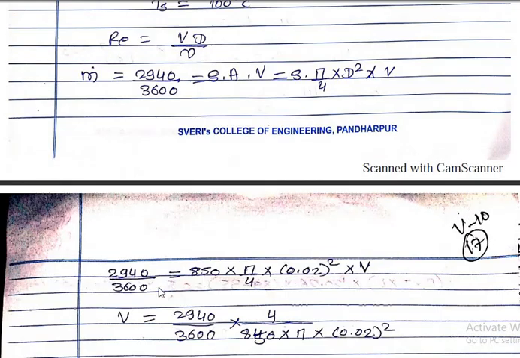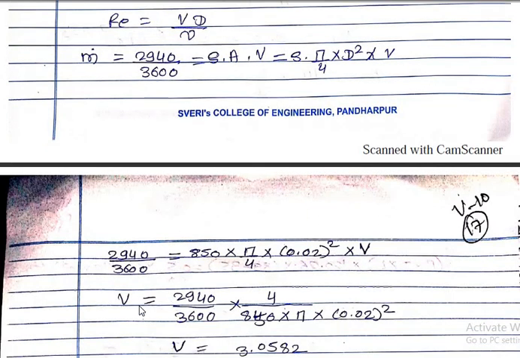Now from this mass flow rate we have to find out the velocity. So we can write all the values of rho, A and m dot, so that we will get the value of velocity. So 2940 divided by 3600 is equal to 850 multiplied by pi by 4 multiplied by d square, which is 0.02 square, multiplied by velocity.